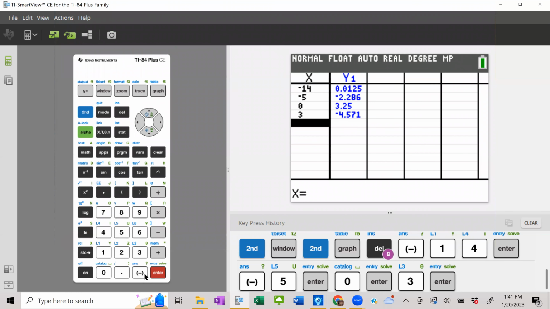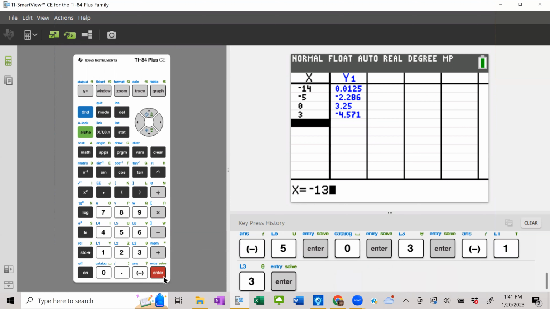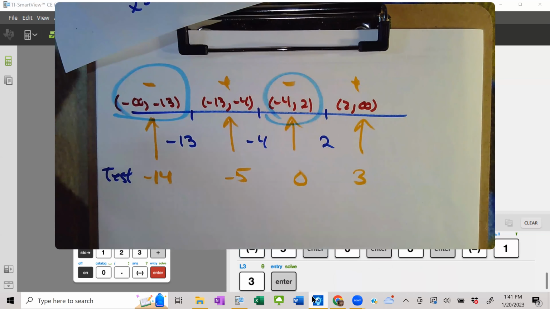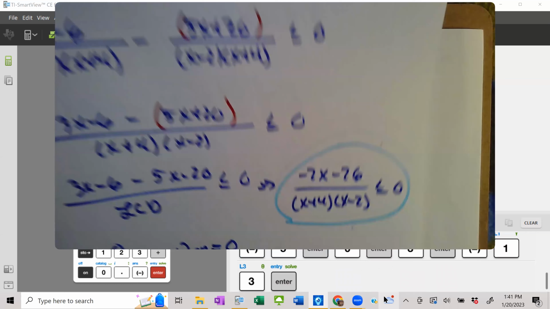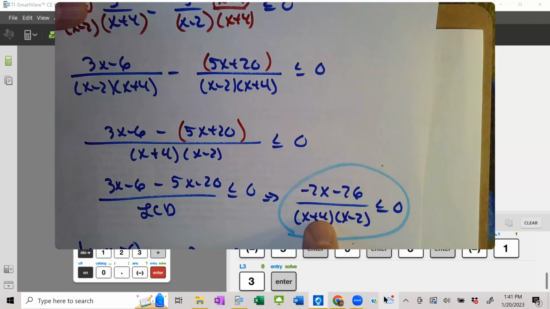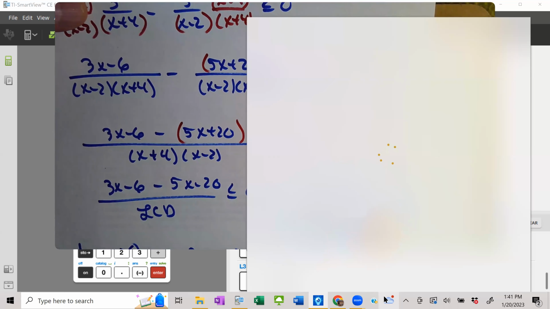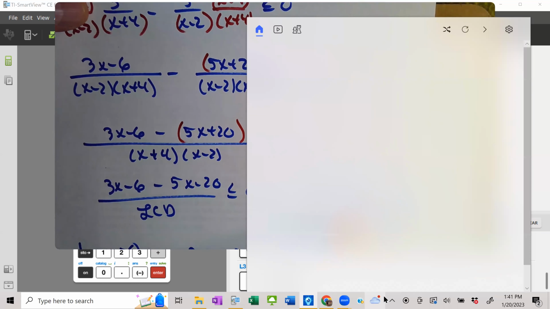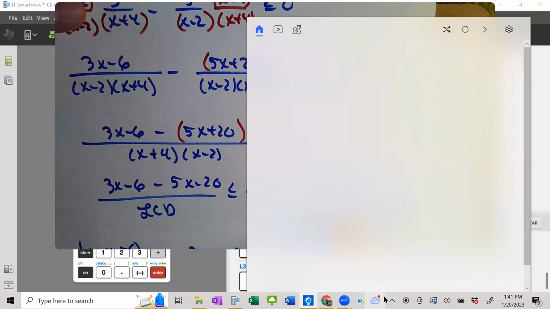So let's test at negative 13. Can I use negative 13? Well, if I put in negative 13, then I end up with 0 less than or equal to 0. Plugging in negative 13, the numerator is 0, divided by whatever in the denominator, it's still 0. 0 is less than or equal to 0. That's true.